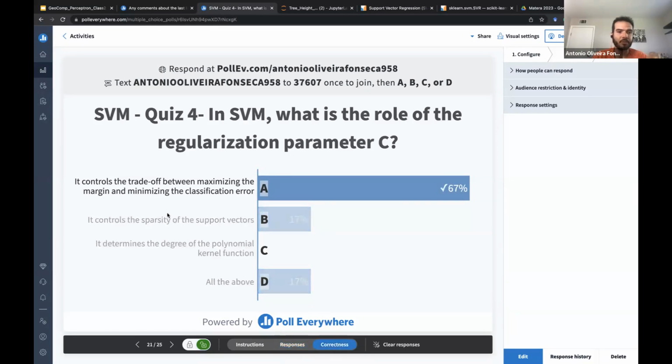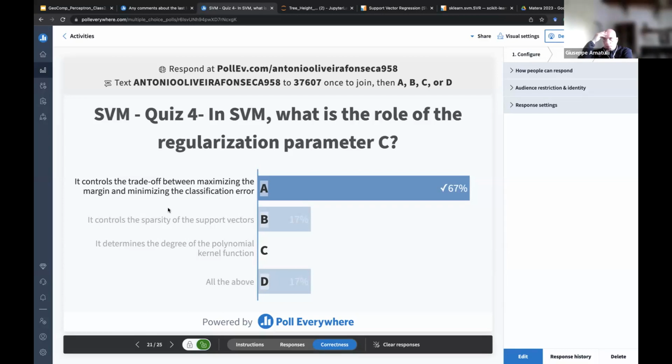Yeah, it controls the trade-off between maximizing the margin, right? We're trying to maximize the margin and minimize the classification error. It's how much I want to make sure that I have as many points as I can either within the margin in the case of the regression or outside the margin in the case of the classification, while minimizing the classification error.